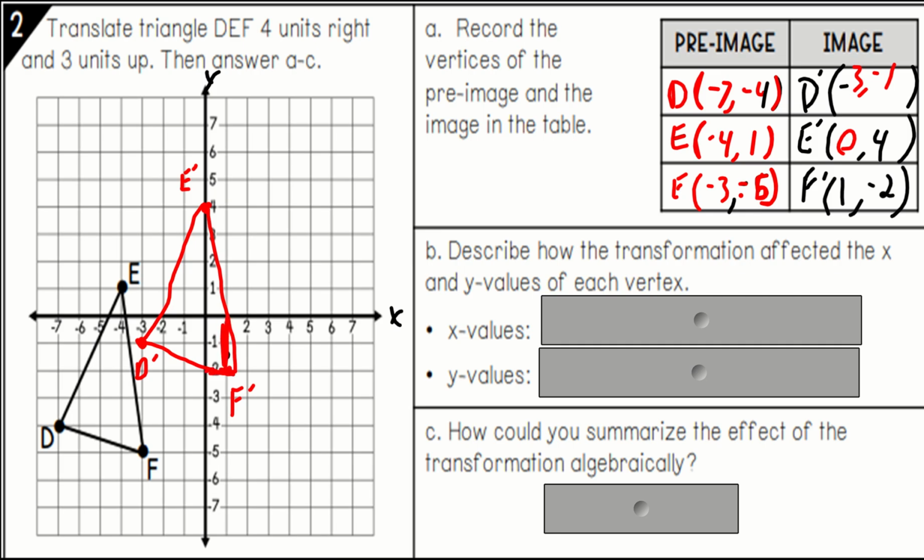Y value second, that was -2. So we got 1, -2. All right, so now we got to describe what's happening.